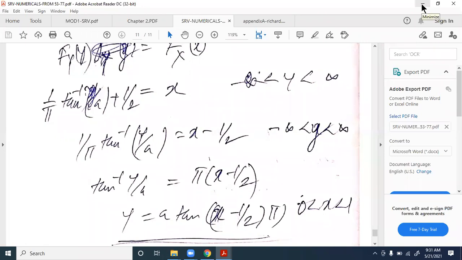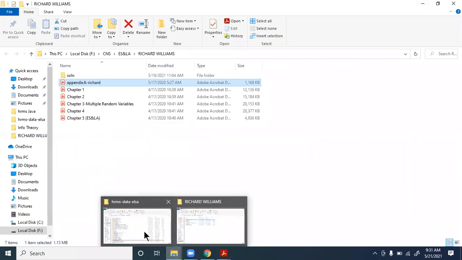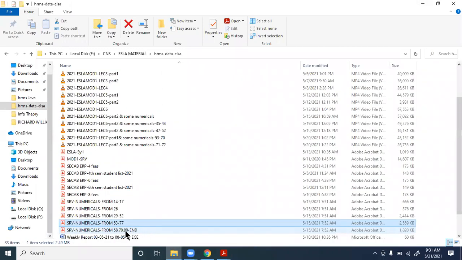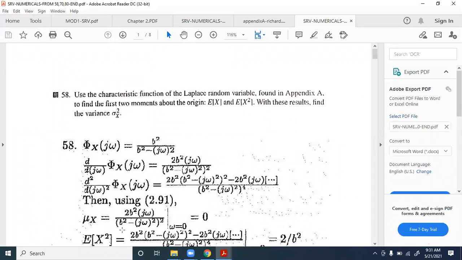So in the last class, we didn't solve the problem number, I think 58. We didn't solve 58. Let us see the problem number 58. Okay, so problem 58 is this, right?